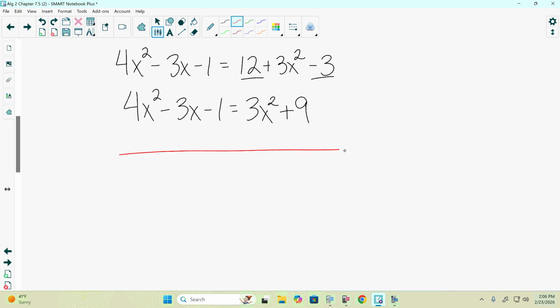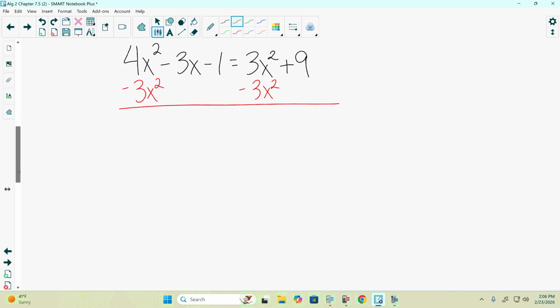So the first thing we can move is what? We can subtract 3x squared. We could have subtracted the 9 first. It really doesn't matter because if we don't, it's going to go next. 4x squared minus 3x squared is going to be 1x squared. And our 3x squared minus 3x squared would be 0.